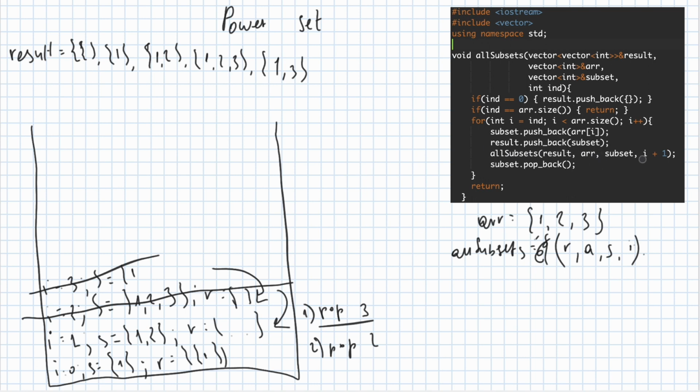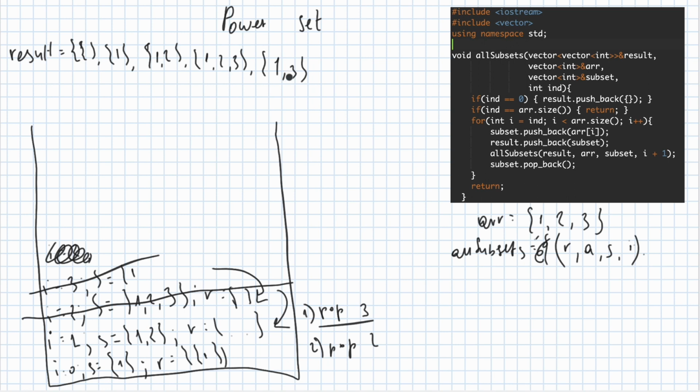That's done, and now we recursively call the function with index incremented. Oh no, actually, sorry, we actually incremented our I to 2. So now when we call the function recursively, the index is 2, and 2 plus 1 is 3. So the loop stops, and we pop an element from our subset.